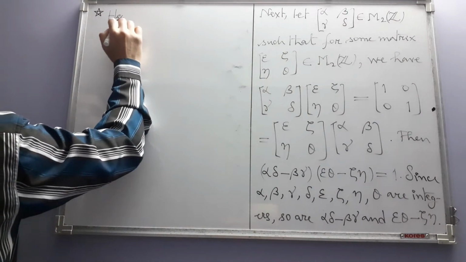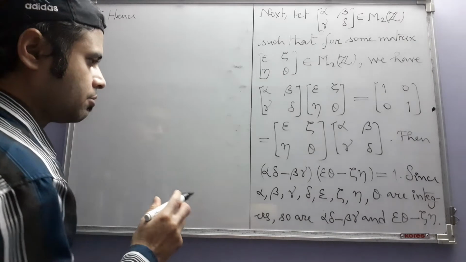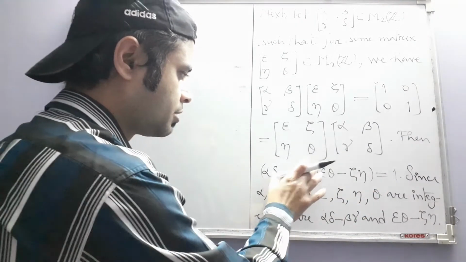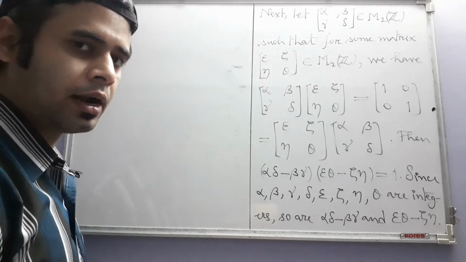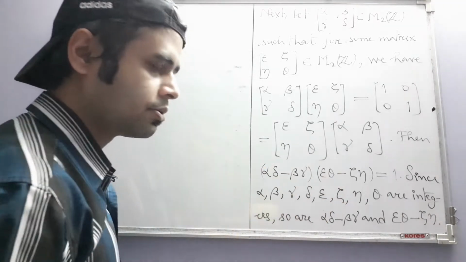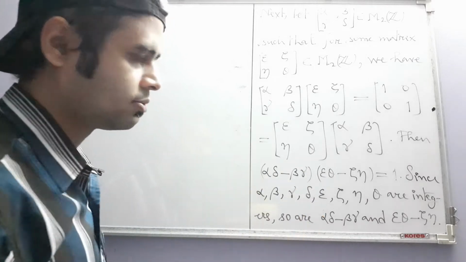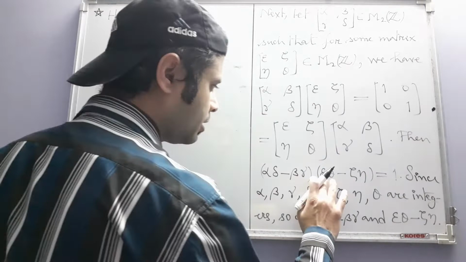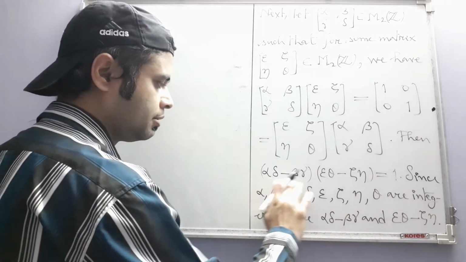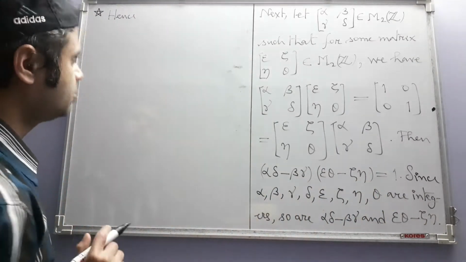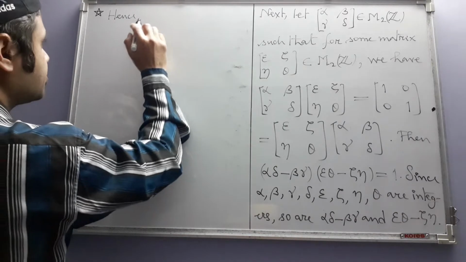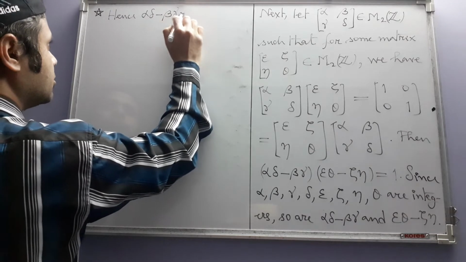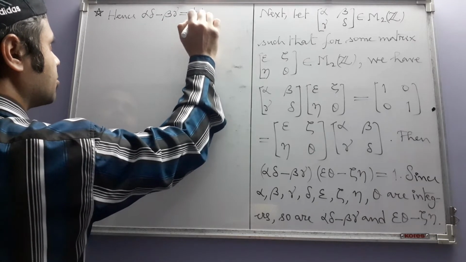Hence, what are the possibilities for these two integers? Either both of them are equal to 1 or both of them are equal to minus 1. These are the only two possibilities. We don't really care about this one, but this is either 1 or minus 1. Hence, this is equal to plus 1 or minus 1.